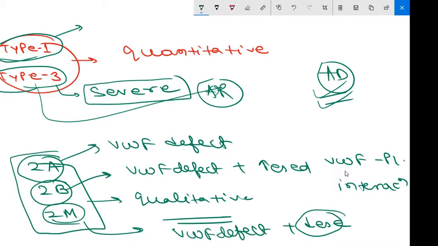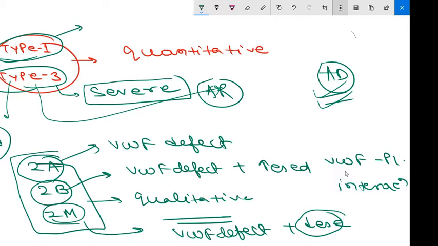In all of these, factor 8 activity is lowered, and much more lowered in type 3. Von Willebrand factor activity is lowered in type 3, type 2A, type 2B and type 2M, the lowering being the same, but in type 1 there is no such lowering of von Willebrand factor activity. Clear? So these are some important points.